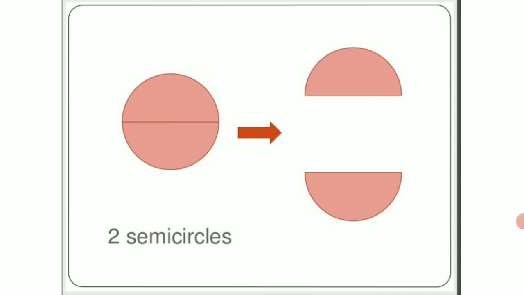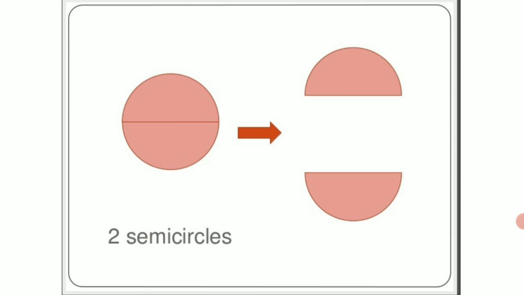Now the next shape is a circle. A circle is a round shaped structure which has only a curve with no straight sides, and a circle can be divided into two semicircles, or the two semicircles can further be divided into two quarters.